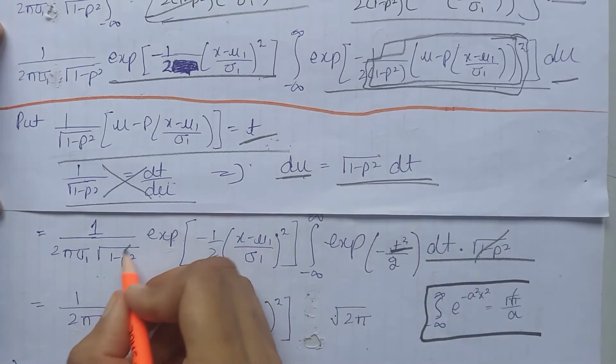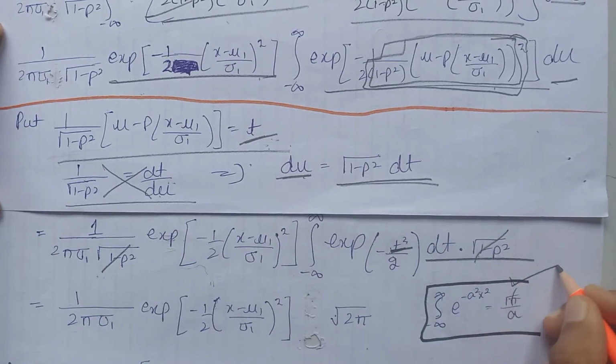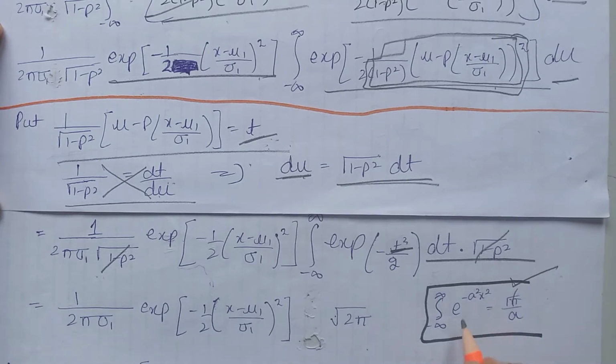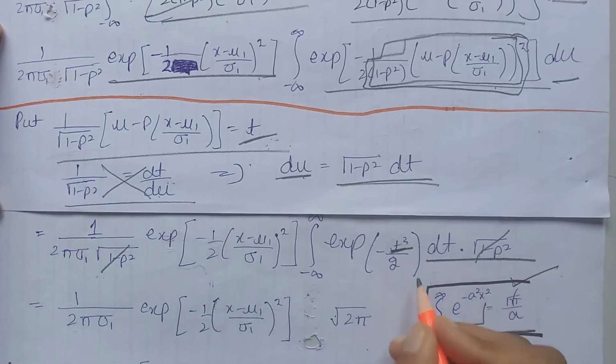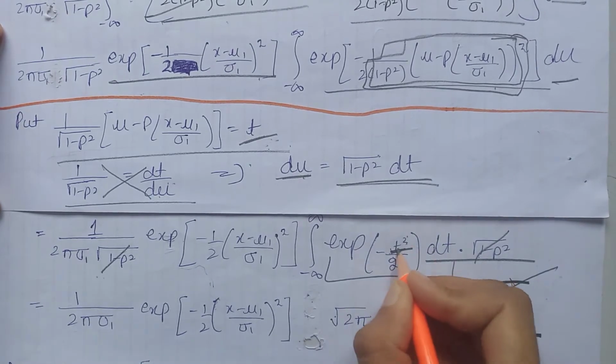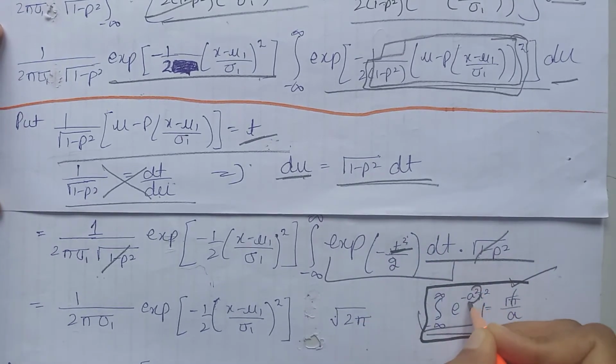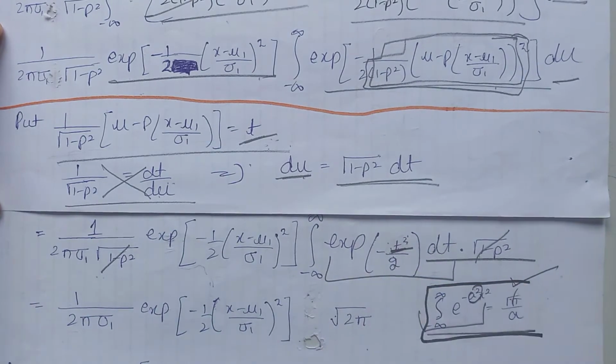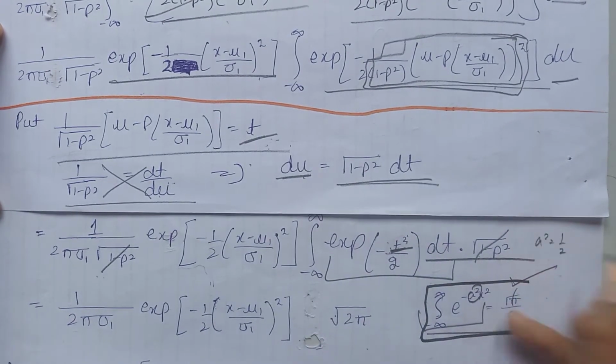Now it can be cancelled out by this term. Now we know this formula of the integration. If we compare this equation with this one, we get that in place of x we are writing t square, and in place of a square we are writing 1 by 2. That means a square is equal to 1 by 2.